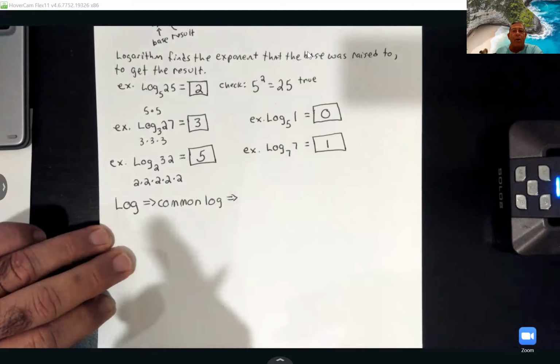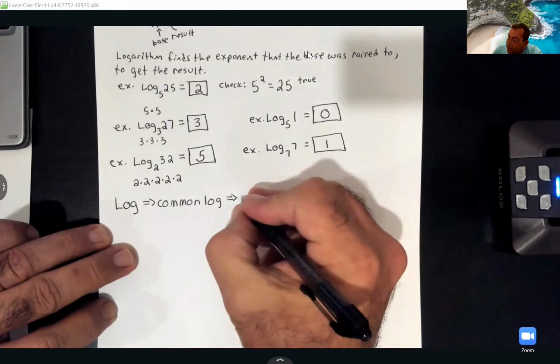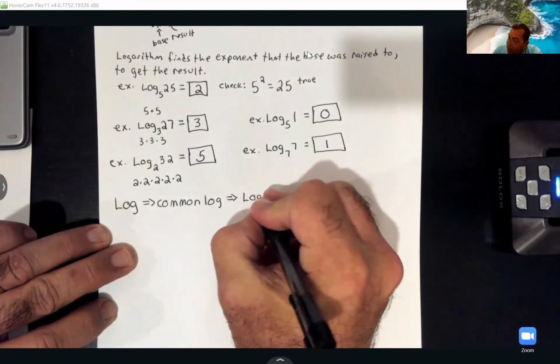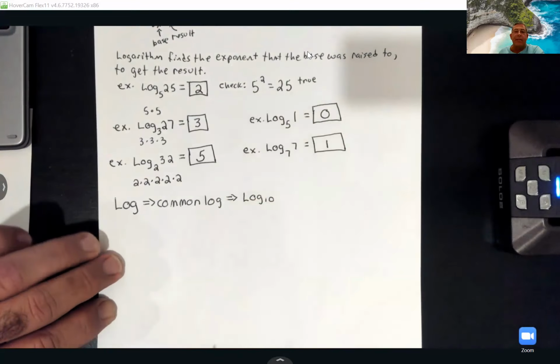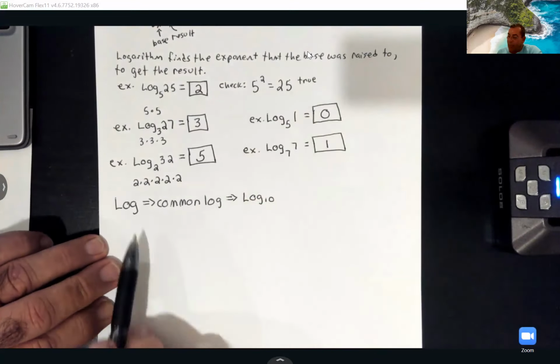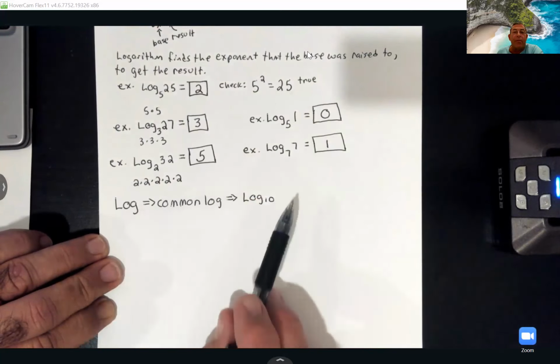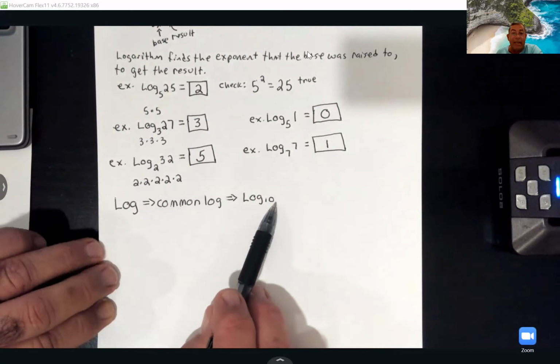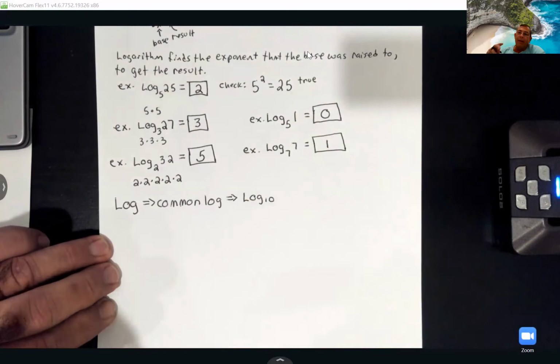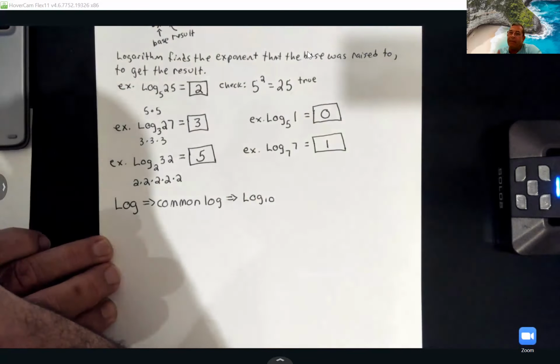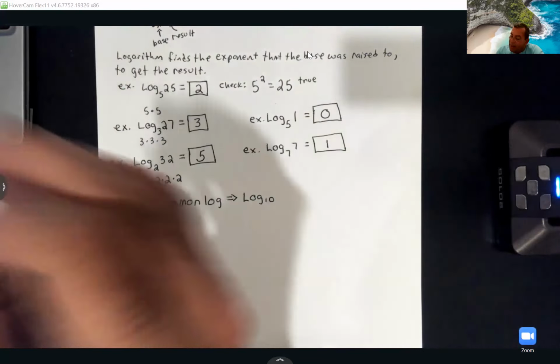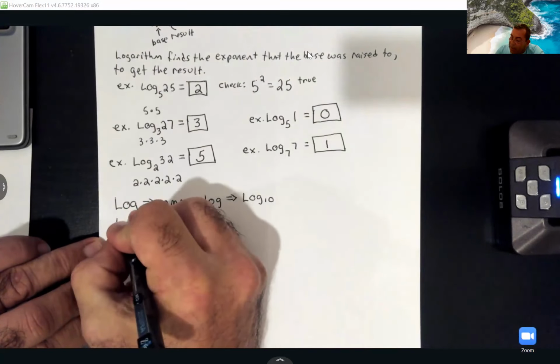And the common log that's on the front of that calculator is really a log base 10. So if you write a log without a subscript number there, it's automatically a 10, okay? And then right above it, to the left of the 7, there's an LN button.